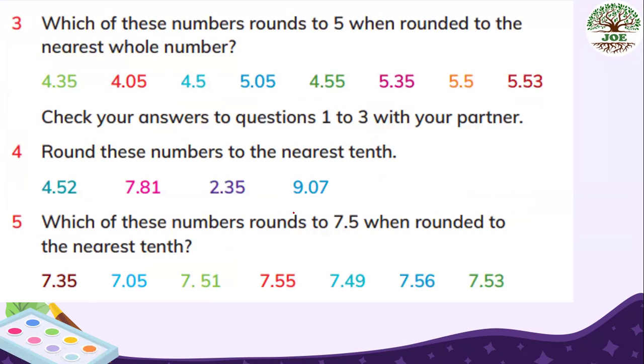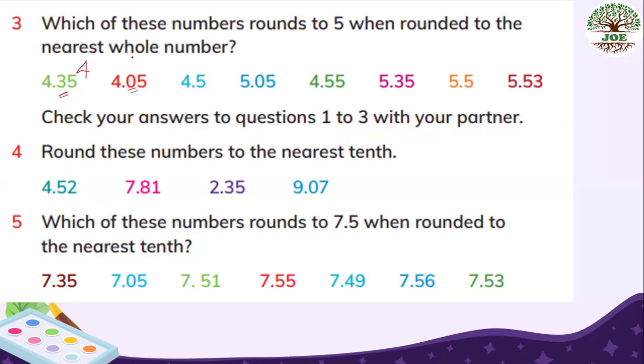Number 3. Which of these numbers round to 5 when rounded to the nearest whole number? When we round to the nearest whole number, we have to look at the 10th digit. This is 3, so round down to 4.